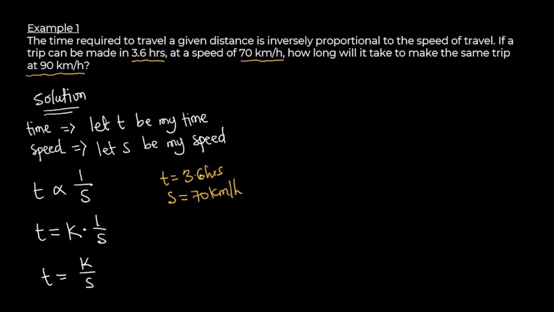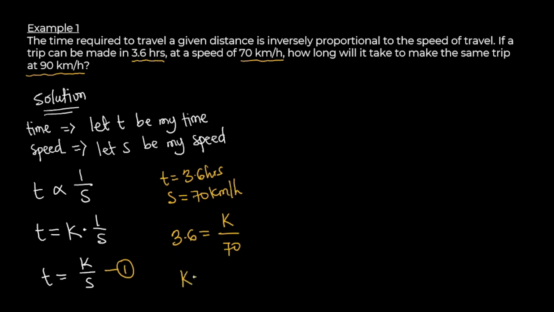To do that, we substitute the value of the time and then the speed into the equation we have over here, assuming this is equation 1. So we have 3.6 equal to our constant over the value 70, which is our speed. To get our constant, we simply cross multiply.